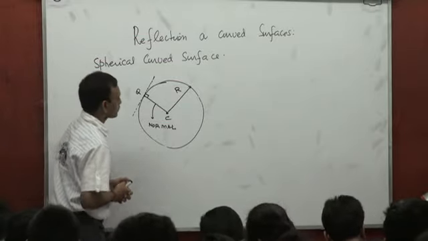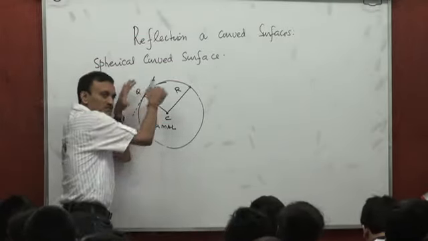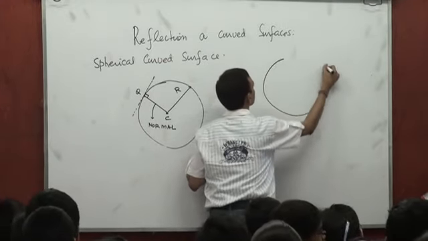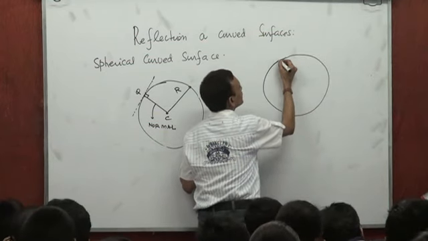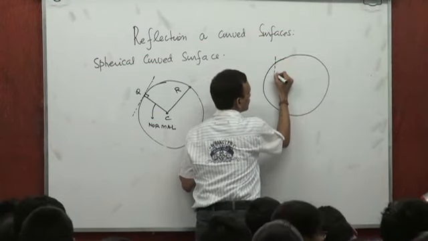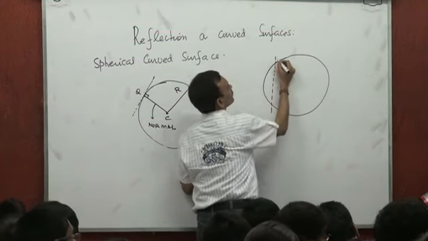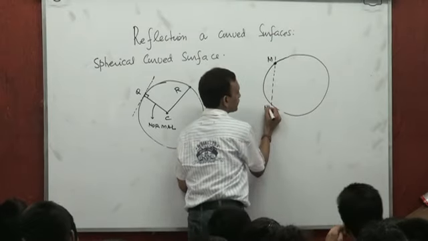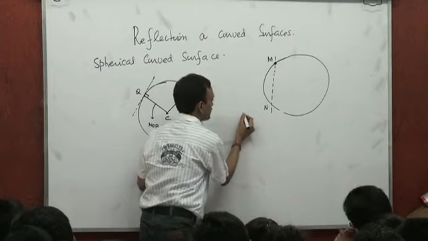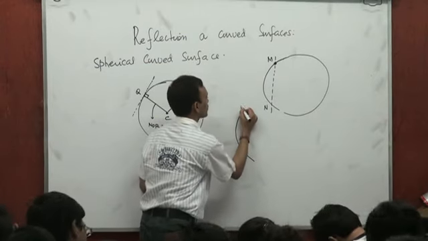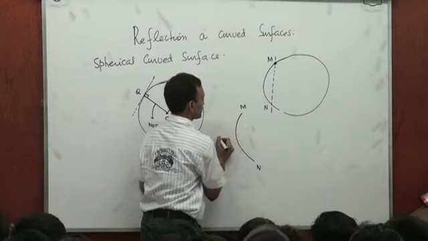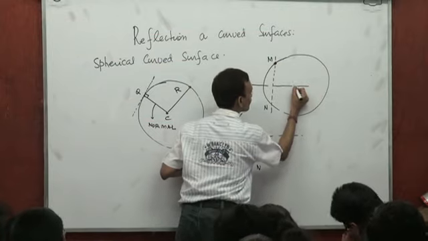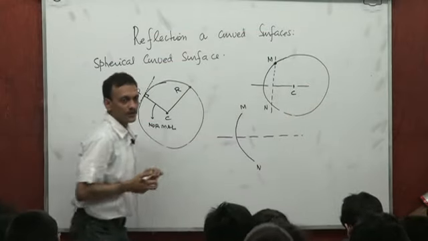Now, this sphere could be cut. For example, it could be cut this way, MN. Let's say this portion MN is cut out. C is the center of the sphere.